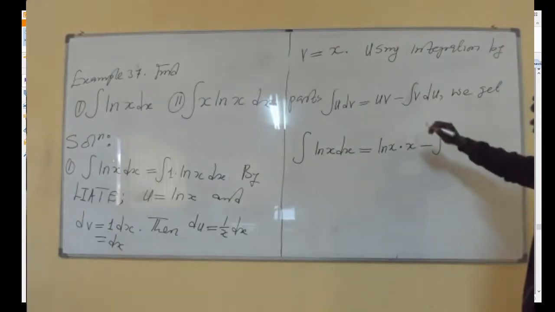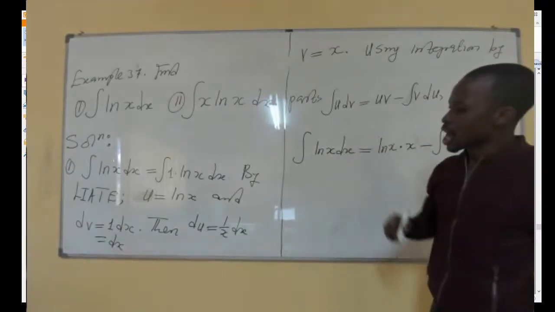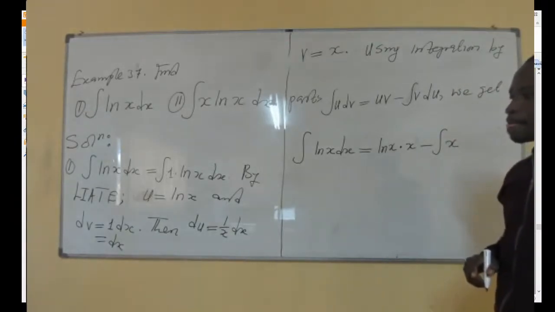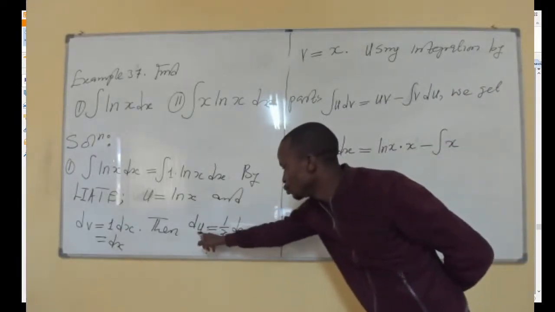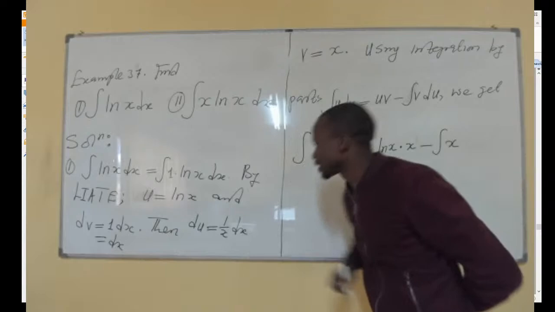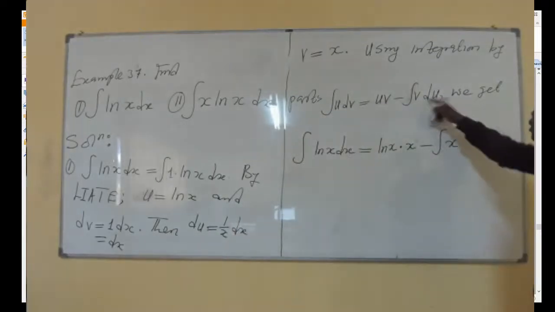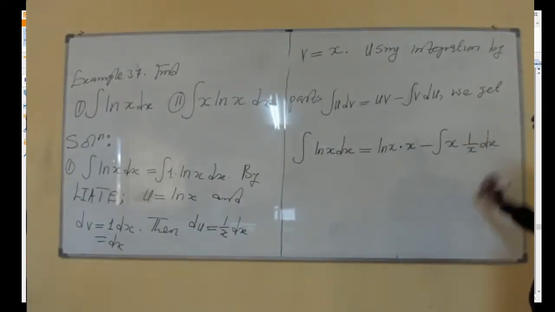Our v is x, and our du is 1 over x dx. So where there is du, we substitute 1 over x dx.